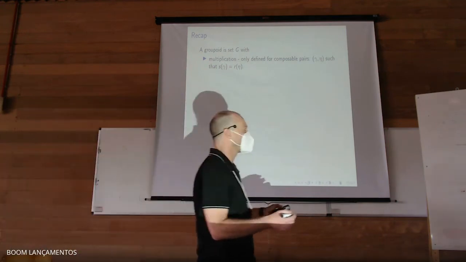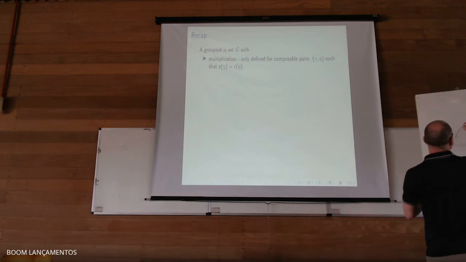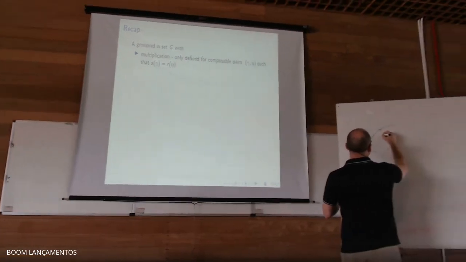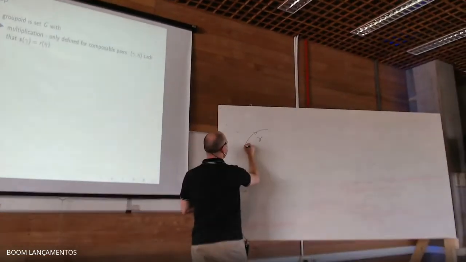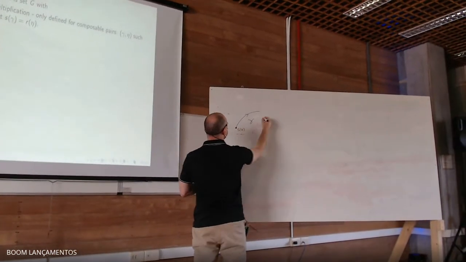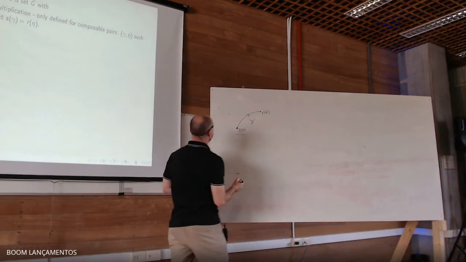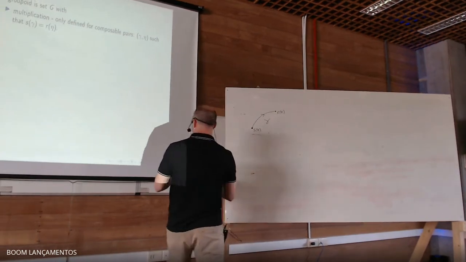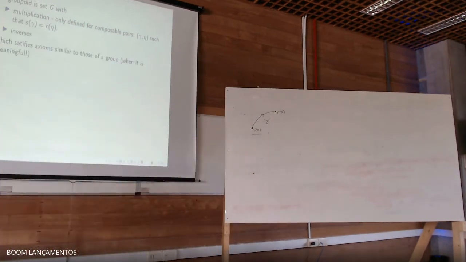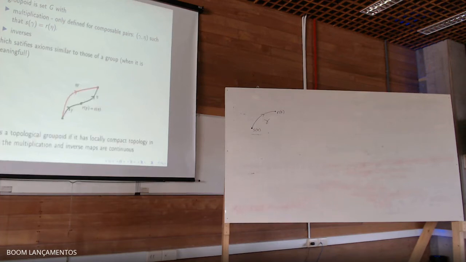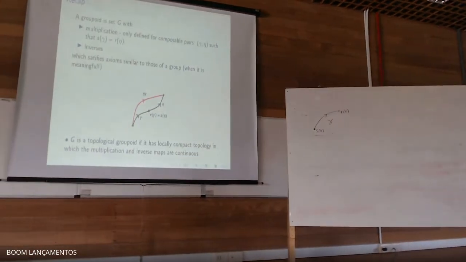A nice way to visualize those is with little arrows. Then we have the source of gamma there and the range of gamma there. We needed inverses as well. There's the picture.